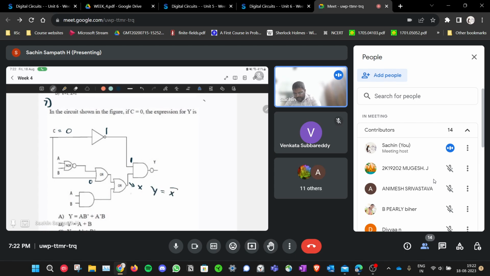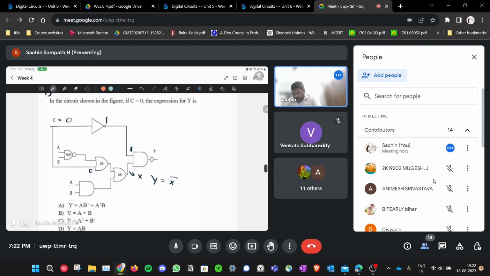So whatever you get here, X, you just need to complement that. And what do you get there? This link will give you AB. This is A NOR B, which is A or B complement. Nothing but A bar B bar by De Morgan's law. OR with 0, you'll get the same thing back. A bar B bar.